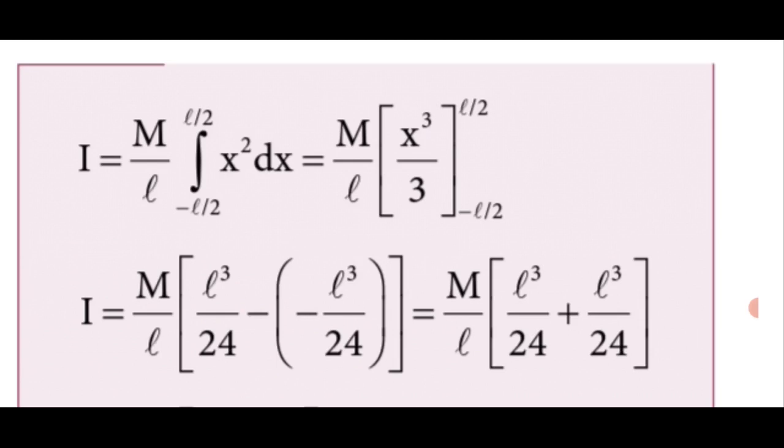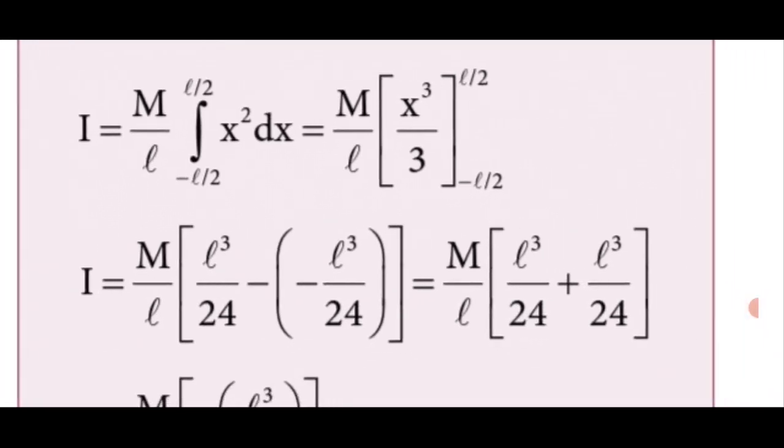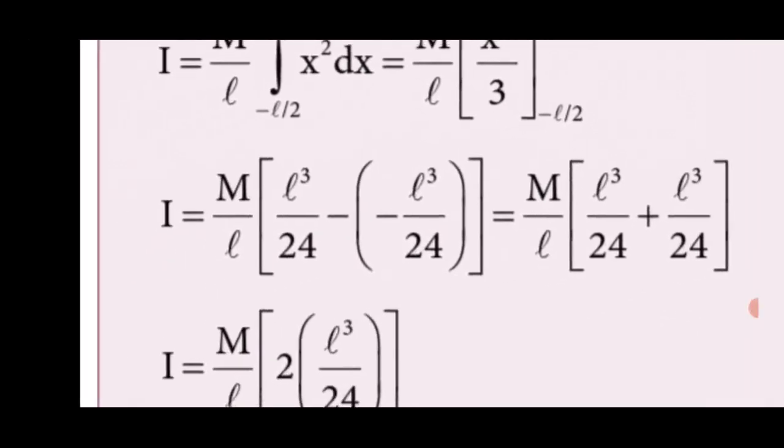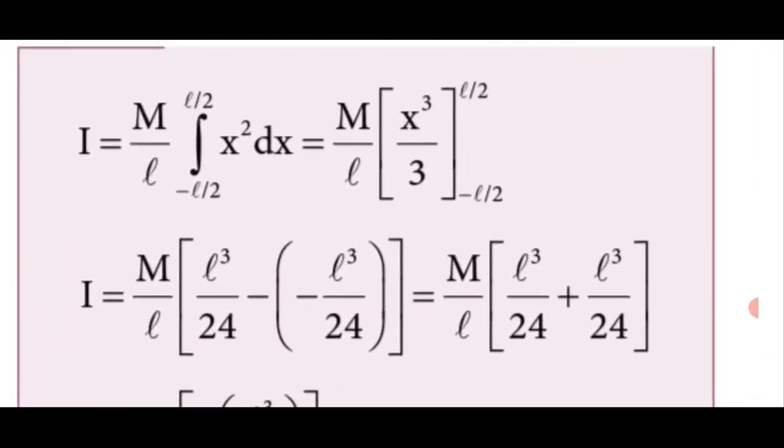The same thing we are deriving here. So x square means n plus 1 gives x cube, and in the denominator n plus 1 is 3. So M by L into x power 3 by 3, between minus L by 2 and plus L by 2.